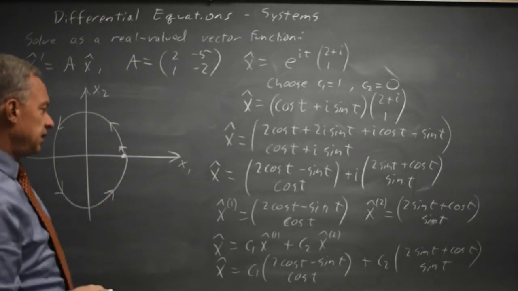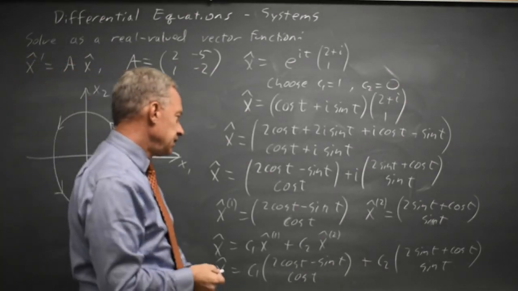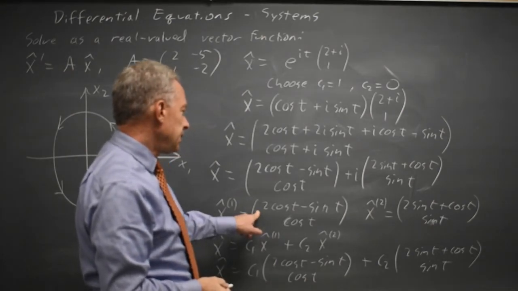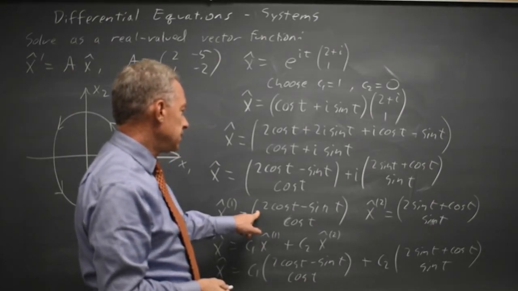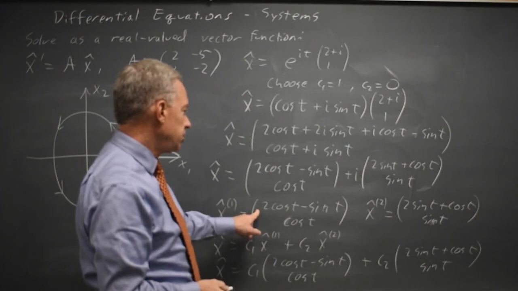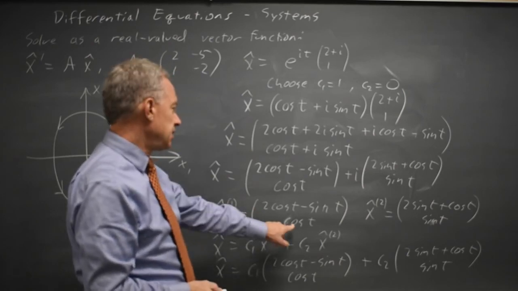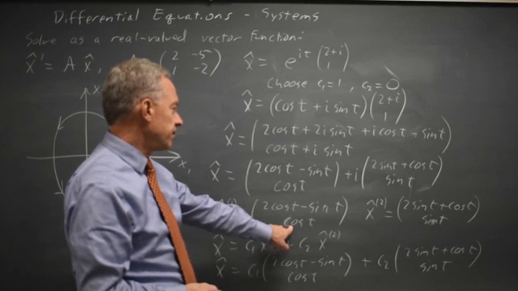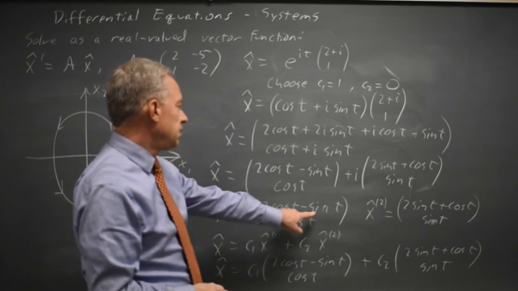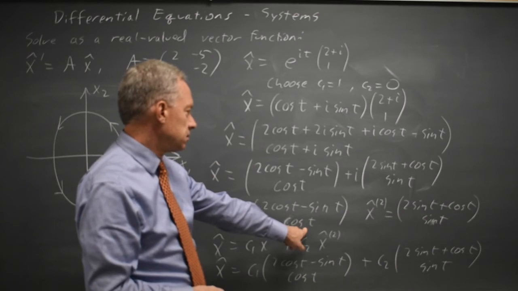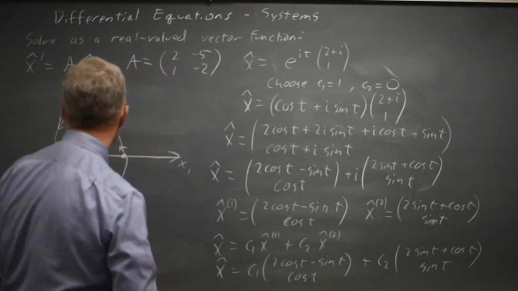What would it look like if I looked at the other solution, the x1 solution, at t equals pi over 2? I'm going with pi over 2 because that'll make my cosine here 0. I have (-1, 0), so I'm over here.